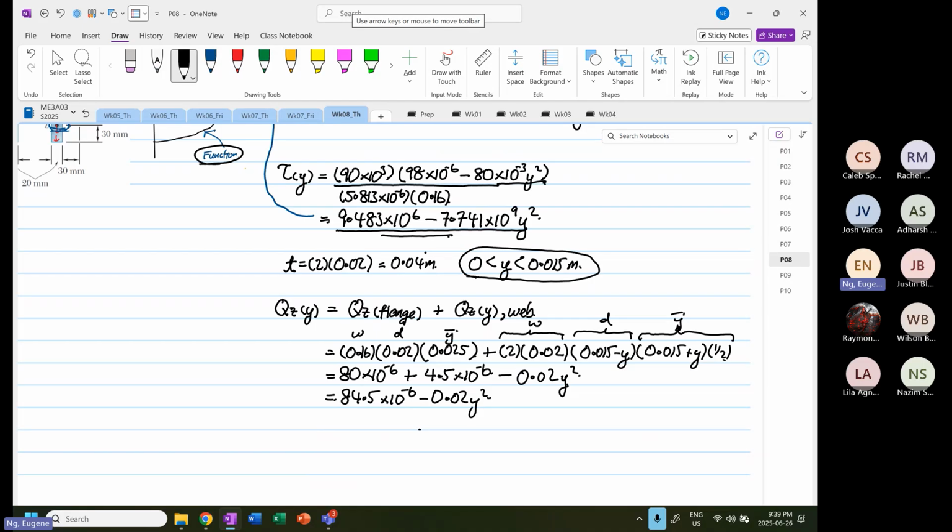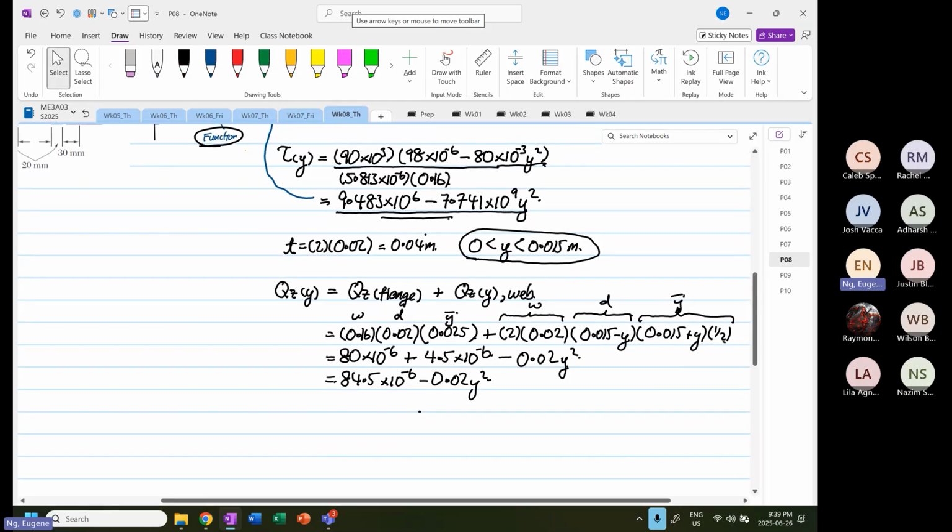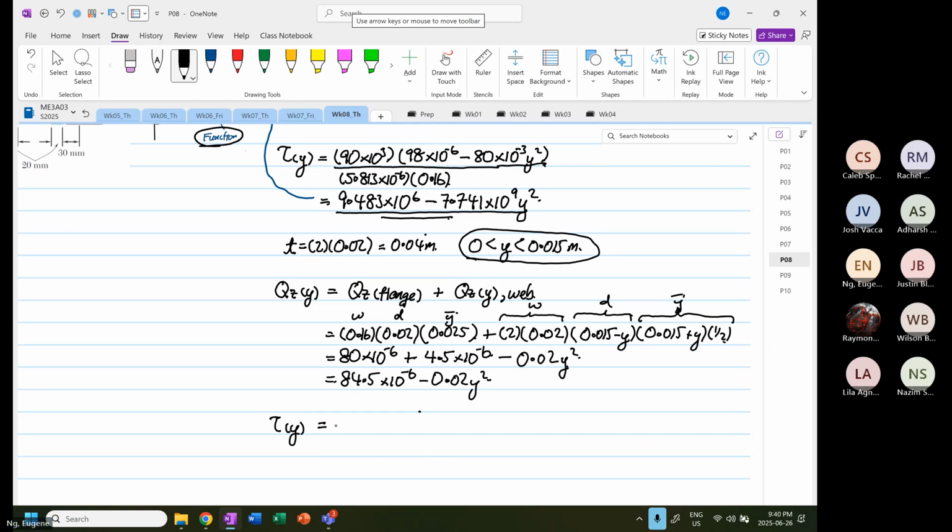Okay. So now we are going to substitute everything into the equation. The shear stress at y will be equal to 90 times 10 to the power 3 multiplied by 84.5 times 10 to the power minus 6 minus 0.02 y squared.